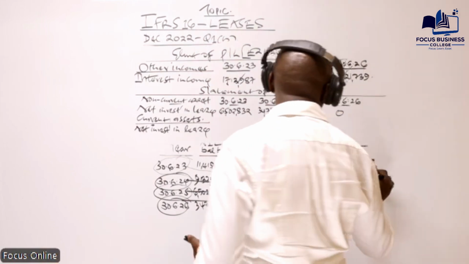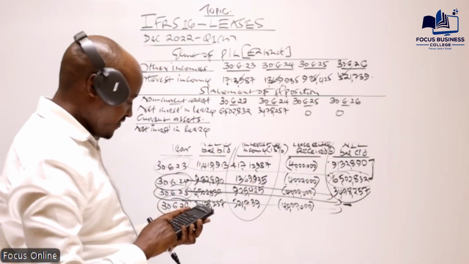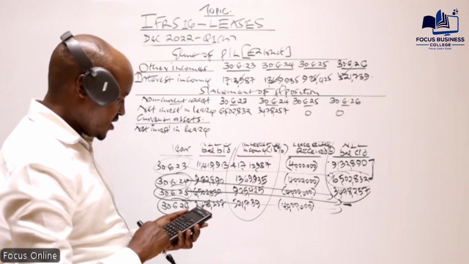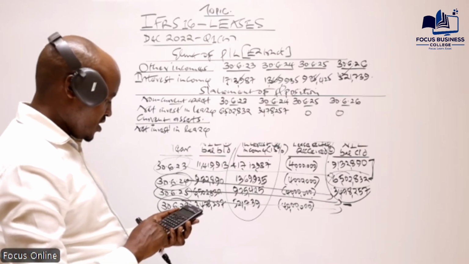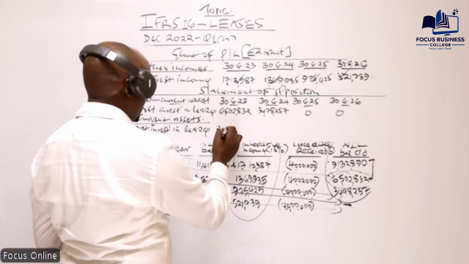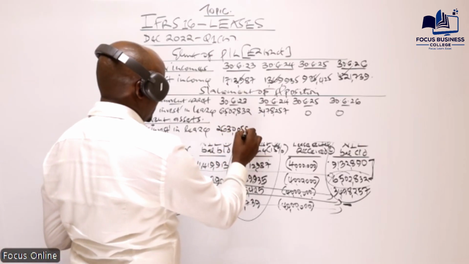So what is the difference between those two values? We have 91,32,890 minus 65,02,832. That gives us 26,30,058.